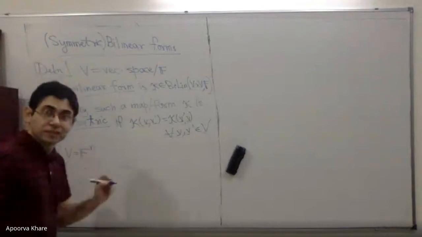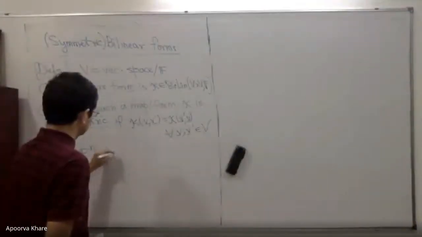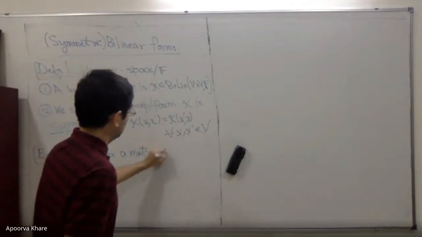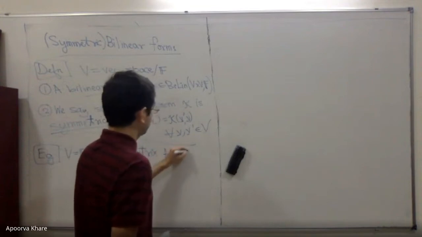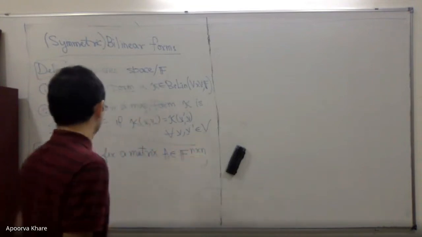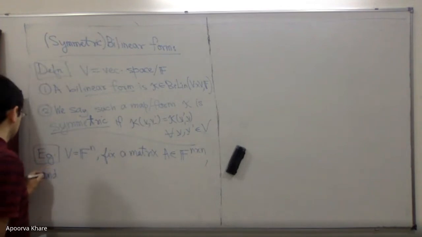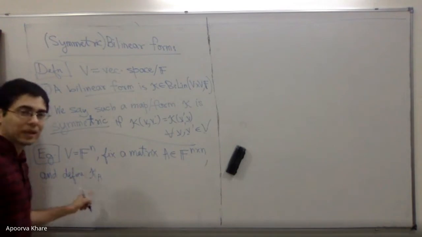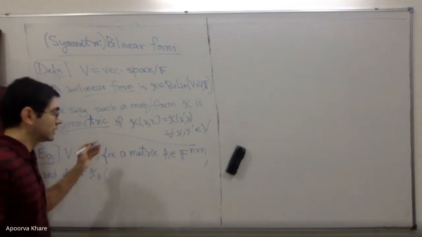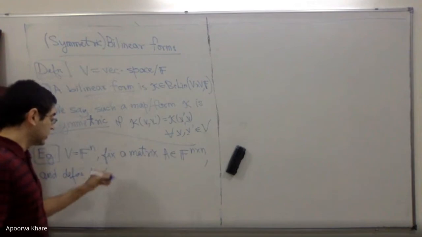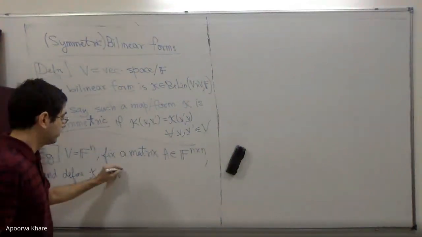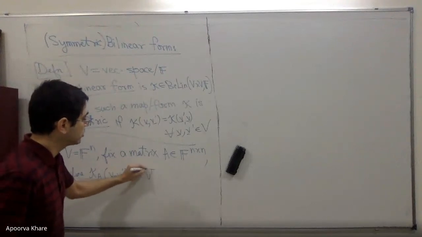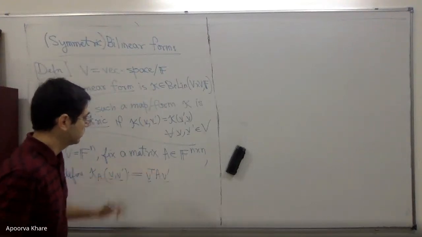Okay, and now let me fix a matrix A in F to the n cross n, and define kappa A. So kappa subscript A is a map that depends on the matrix A. So kappa A of V, V prime is defined to be V transpose A V prime.